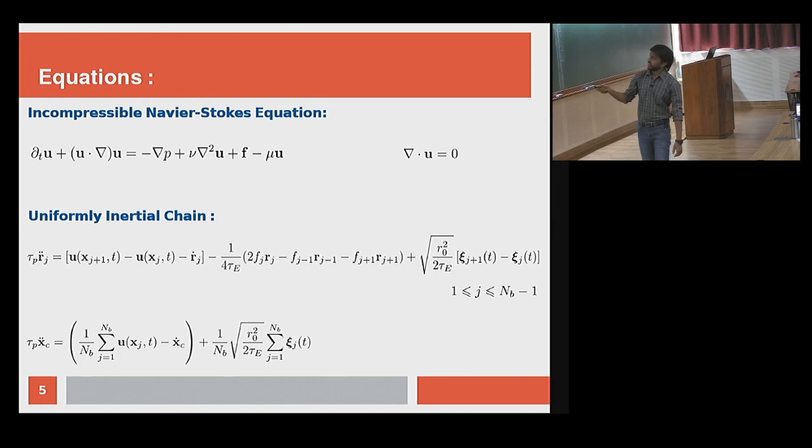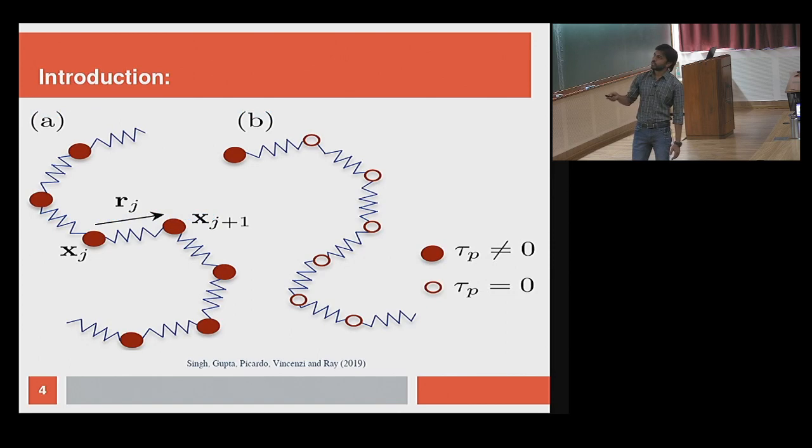This is a very ugly-looking equation, but there are three components. The first component results from the Stokes drag of the bead: inertial beads experience a Stokes drag, and that comes from this term. This term comes from the difference of the spring forces, since any two neighboring beads have spring forces acting on them.